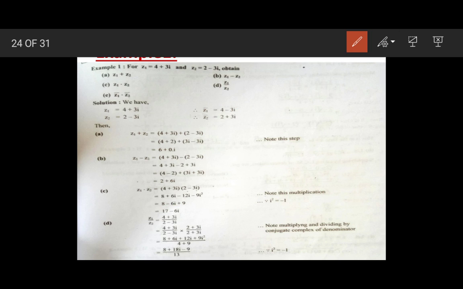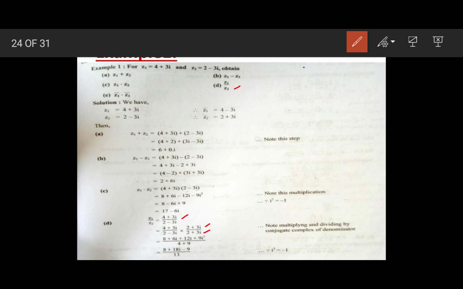Now the next is division, z1 upon z2. For z1 upon z2 I have to take the conjugate of z2. The conjugate of z2 is 2 plus 3i, and we multiply numerator and denominator by 2 plus 3i.